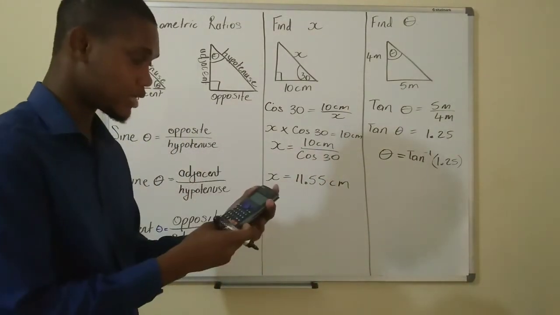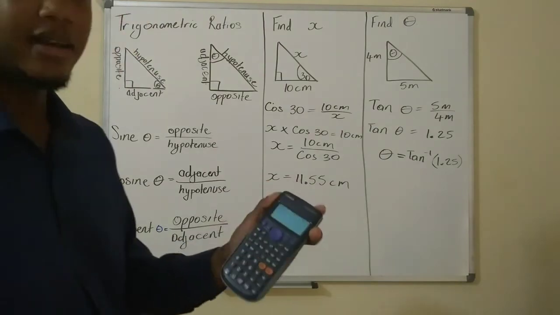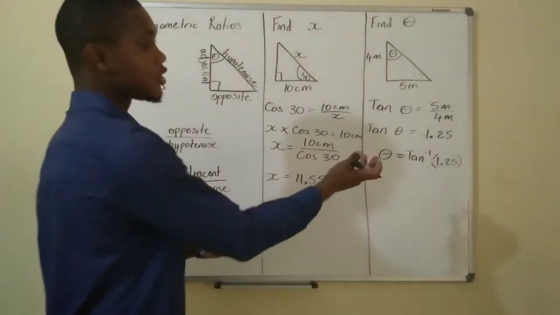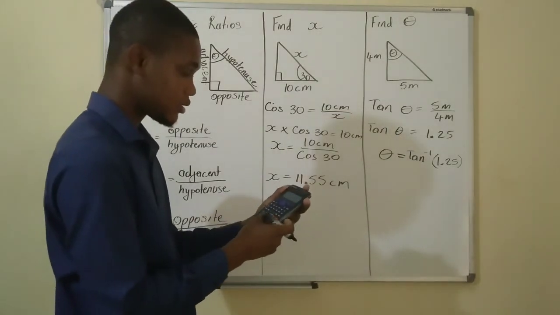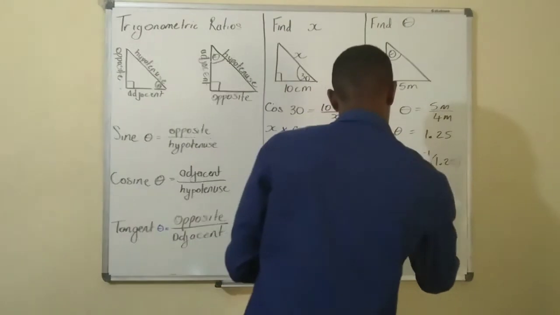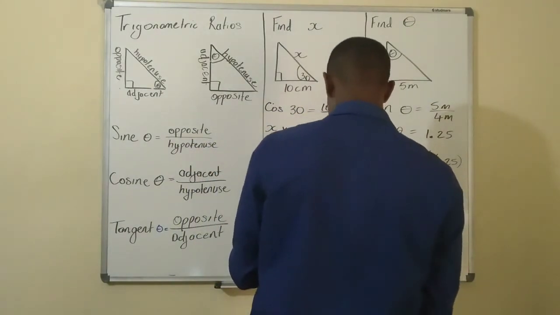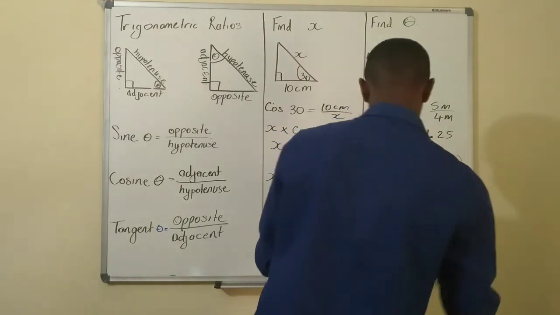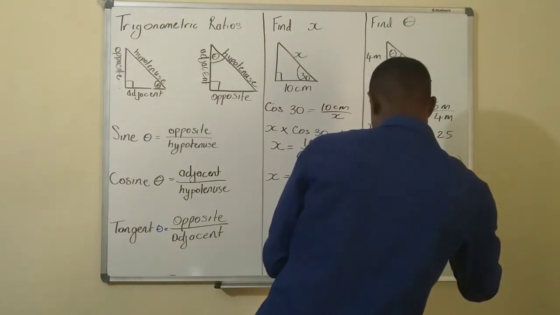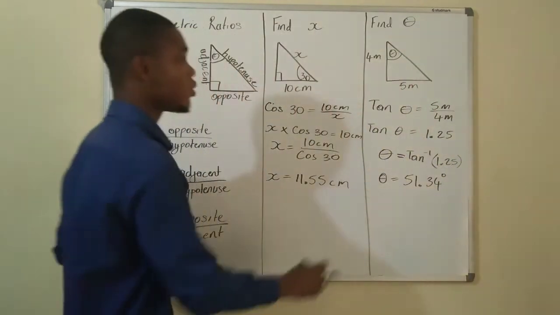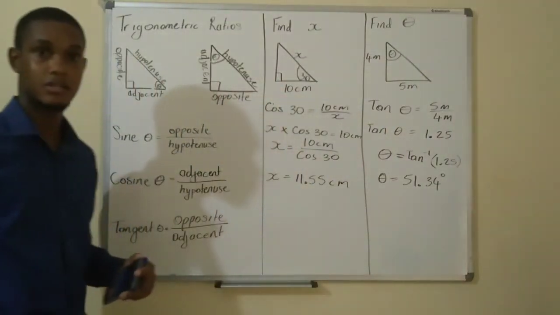Because we're dealing with tangent, I'll press shift and tan, and I'll get the tan inverse. Then you simply type in the value, 1.25, and that will give you theta is equal to 51.34 degrees. So you always put degrees for your angles.